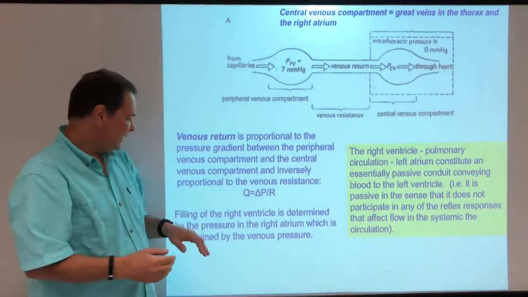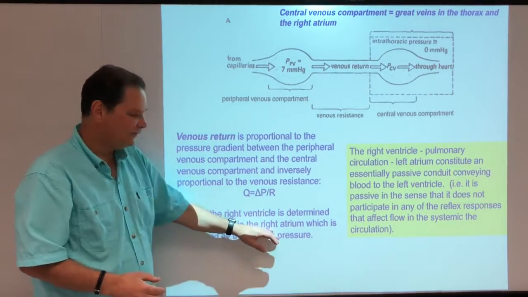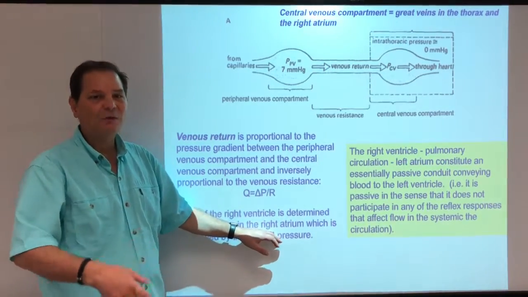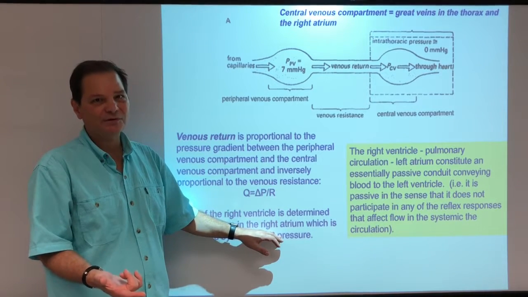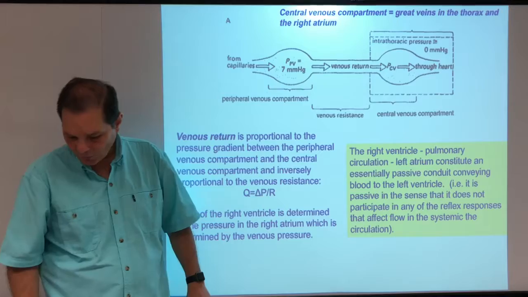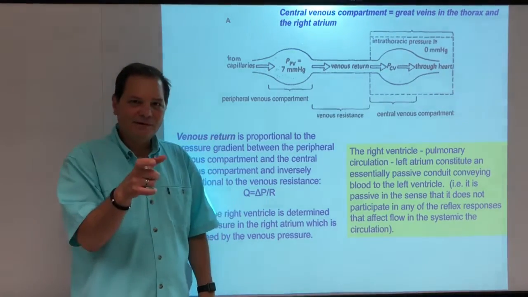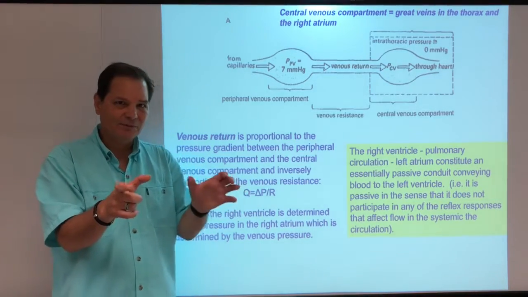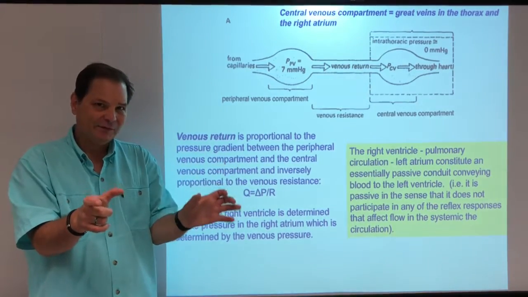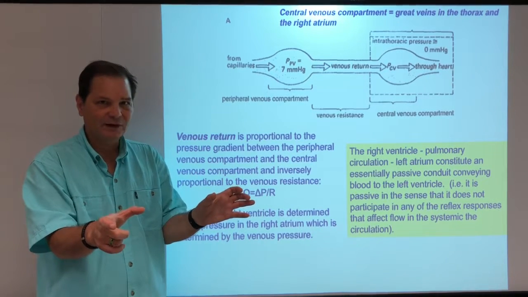So increased pressure in the right atrium means that you have also increased pressure in the left atrium proportionally. So if you're measuring left cardiac output or left stroke volume, you can reliably use right atrial pressure as an indication of the degree of filling on the left.